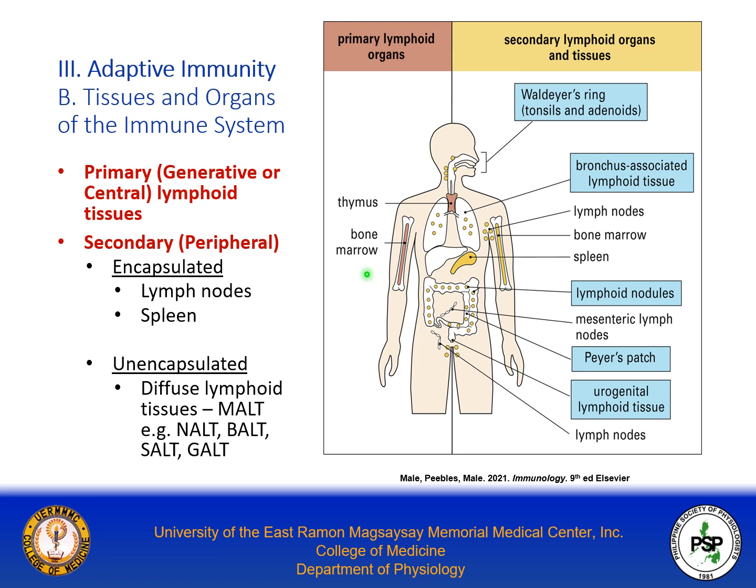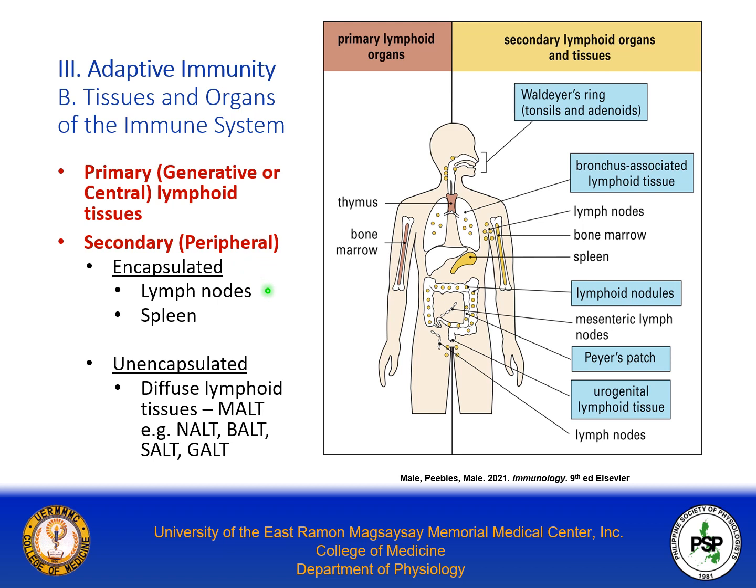As far as immune cells are concerned, we have the bone marrow and the thymus as the primary lymphoid organs. These are also called generative or central lymphoid organs because these are the sites where the lymphocytes are provided with growth factors and other molecular signals needed for lymphocyte maturation.